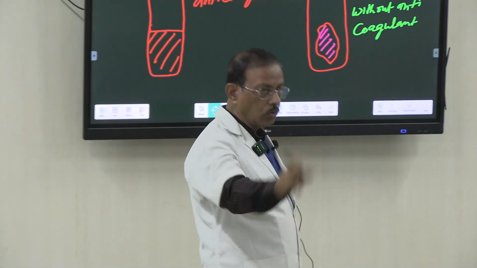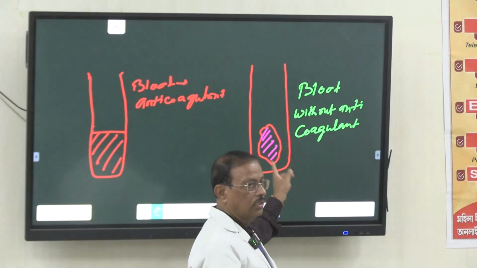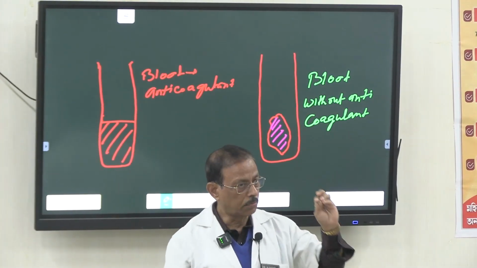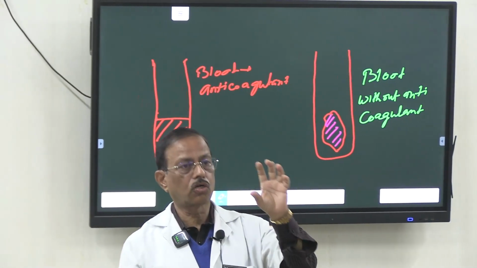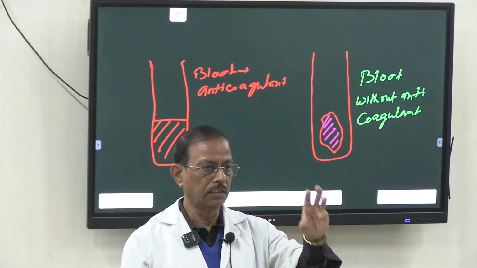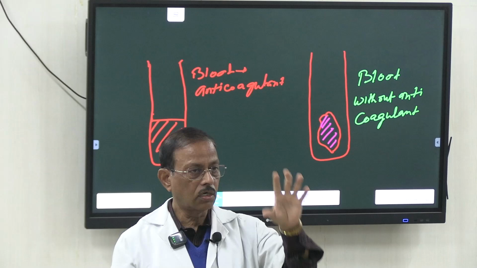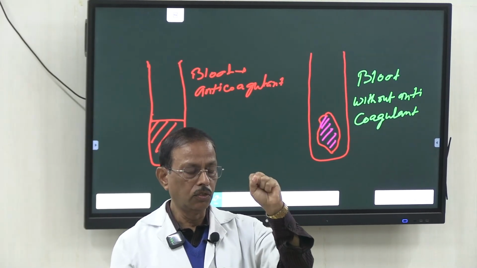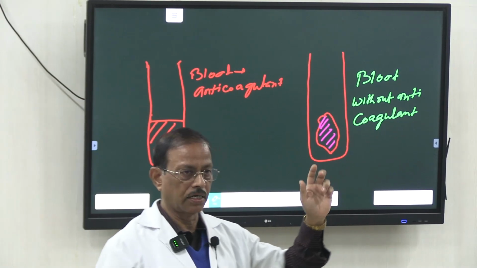When it is without anticoagulant and we allow it to stand for some time, blood gets clotted. It becomes jelly-like thing, and after a while that clot retracts, and due to the retraction a clear supernatant is separated out.